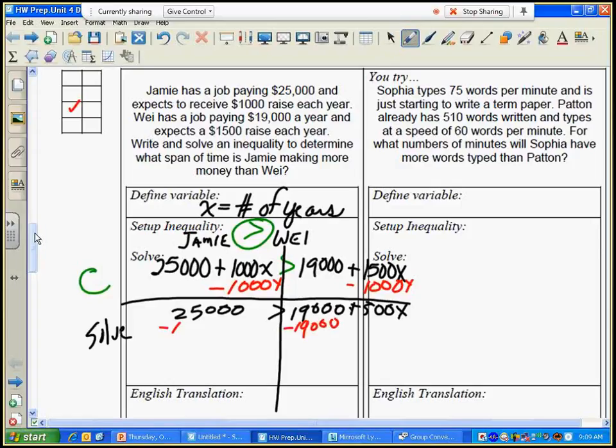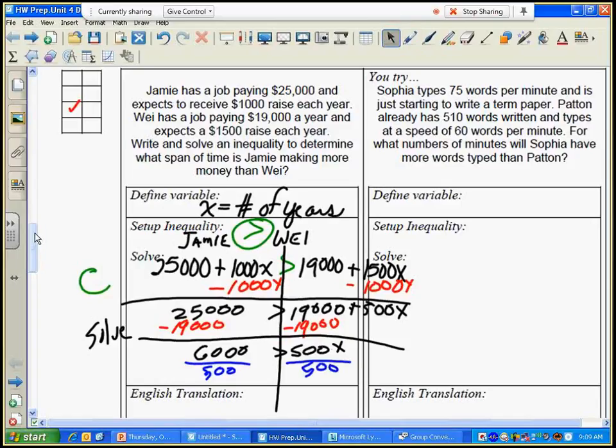Same strategy as any other problem. These numbers are just starting to get a little bit bigger. No sweat. That's going to be 6,000 and 500x. Let's divide away that 500. It's a positive 500, so we're not going to be switching anything. It's going to be x is less than whatever this number is here, and that will end up being 12.